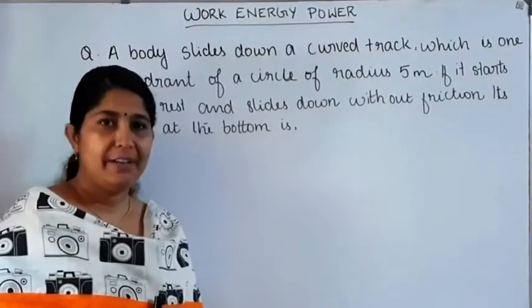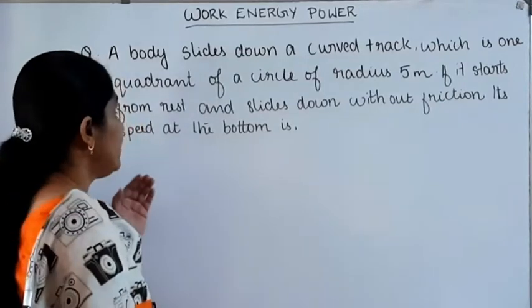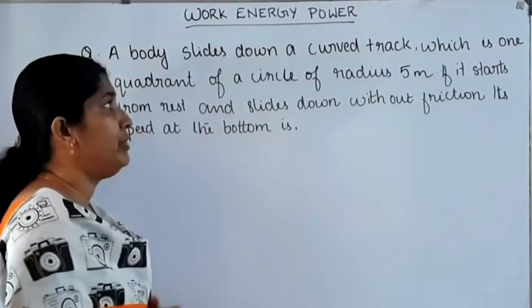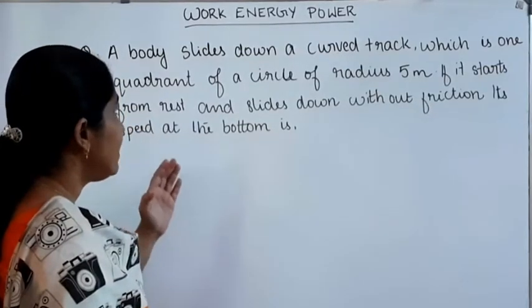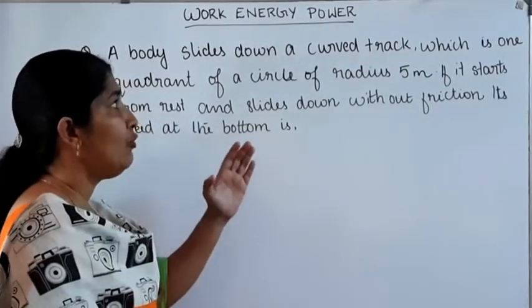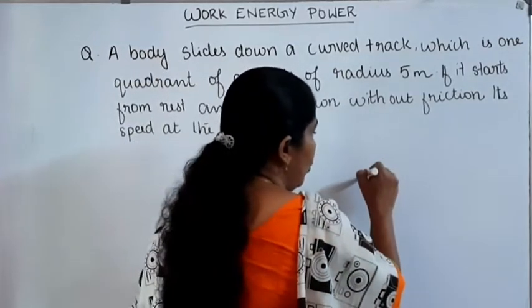Okay. Next question. A body slides down a curved track which is one quadrant of a circle of radius 5 meter.